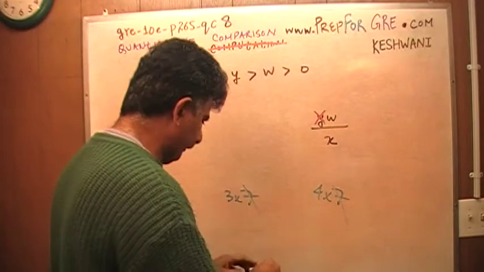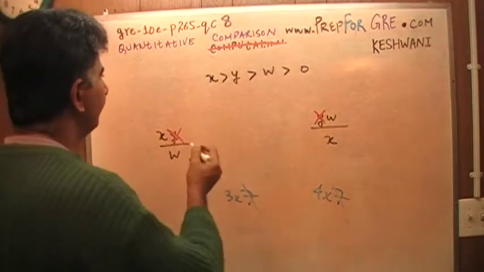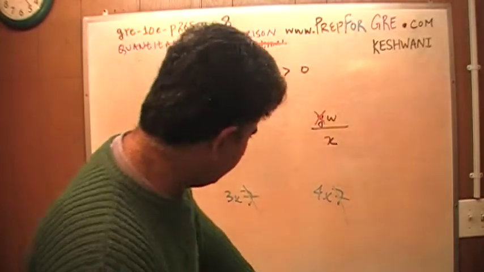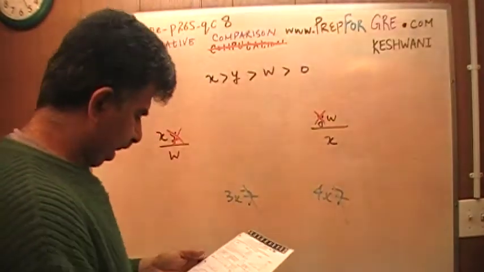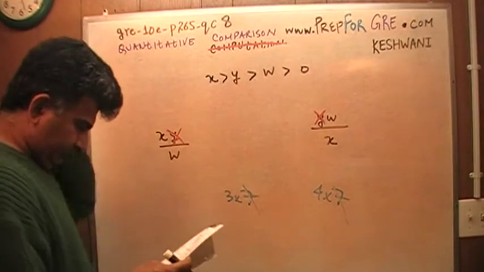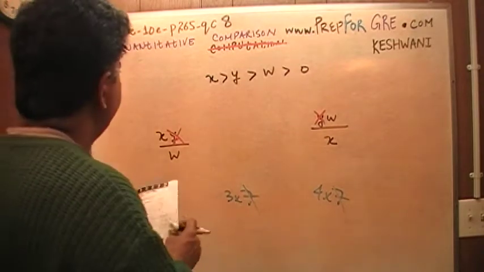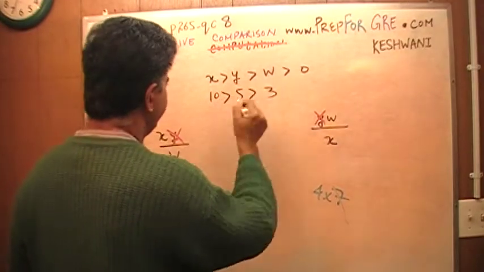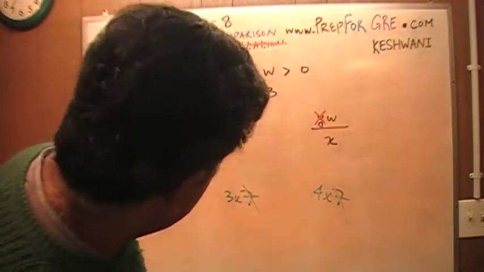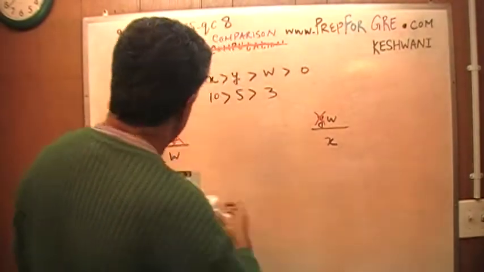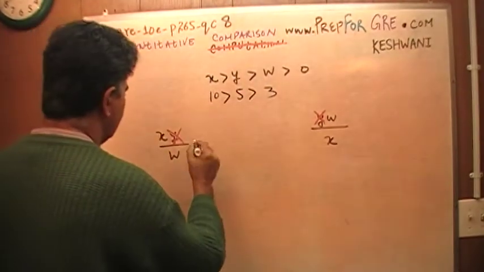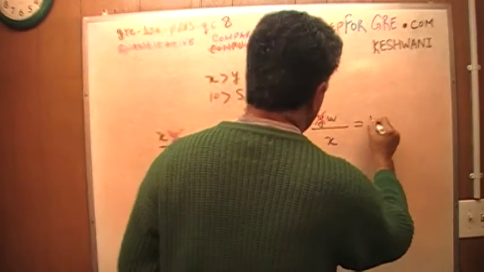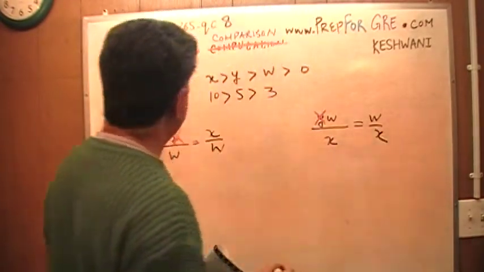Let's plug in numbers. That's all. Since x has to be more than y, which has to be more than w, let's plug in anything you like, as long as they are positive. What should I put in? Let's put in 10 is more than 5, which is more than 3. So now what we have here is x over w and w over x.